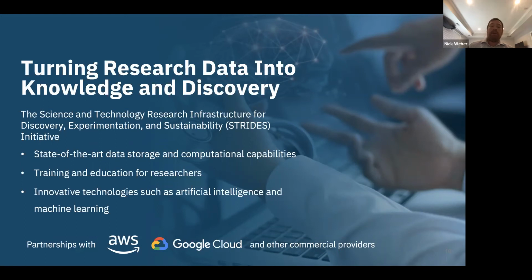STRIDES is a framework you can leverage and participate in to more easily use existing services in the marketplace from Amazon, from Google, and from these other companies, with some best practices, support, cost discounts, and training associated with it, and other things that I'll talk through in the next few slides.